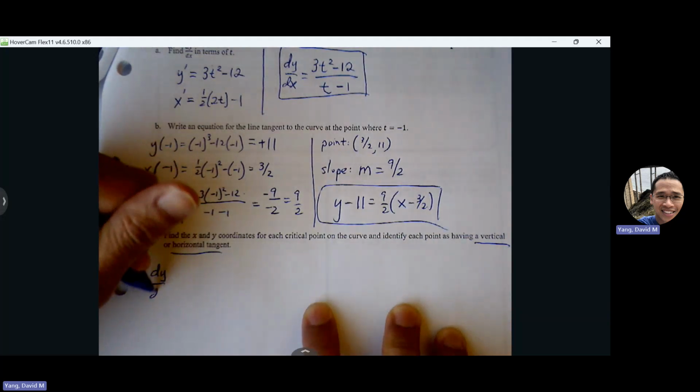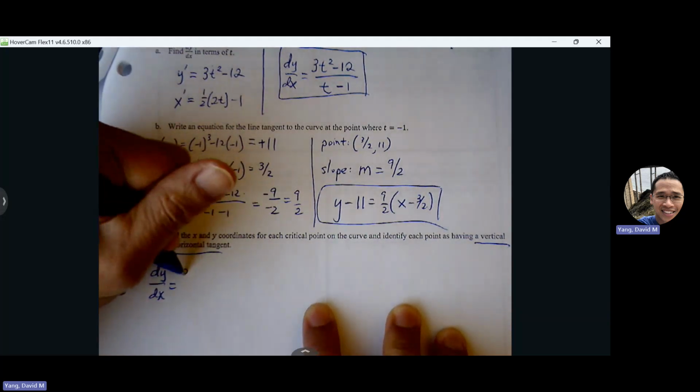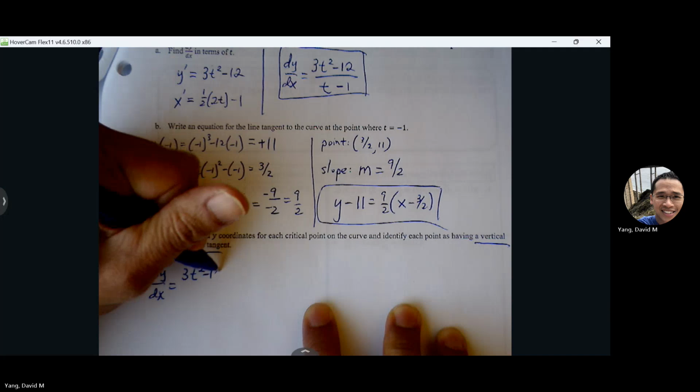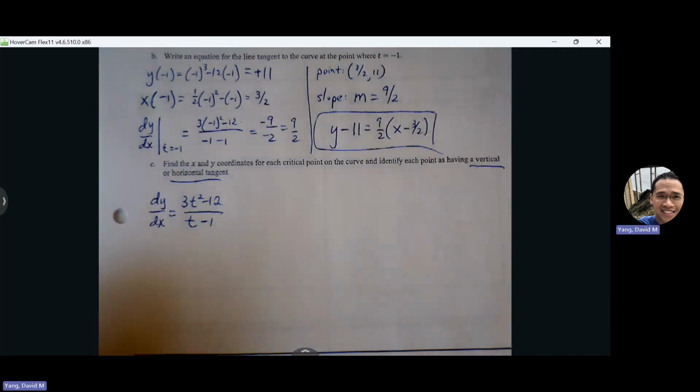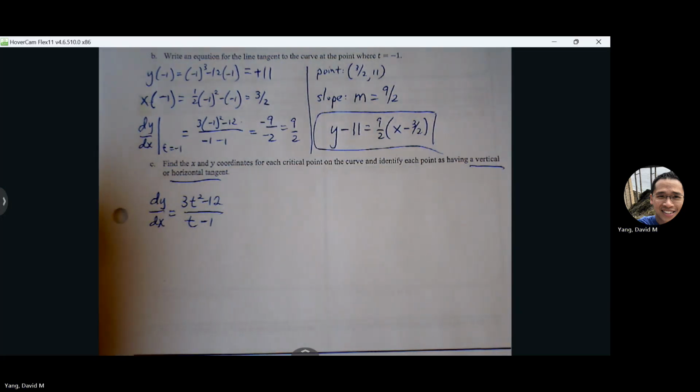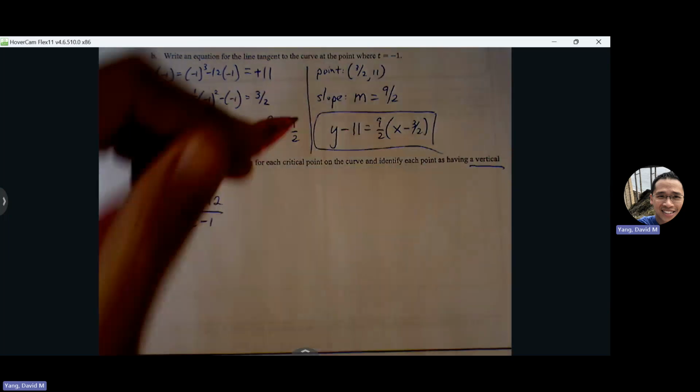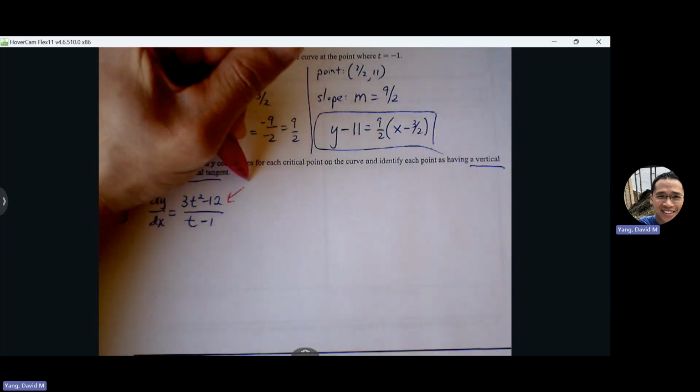So let me write dy/dx from part A. Do you guys remember where we look if we want to find a horizontal tangent? It has to do with setting something equal to 0. Okay, it's going to be the numerator.